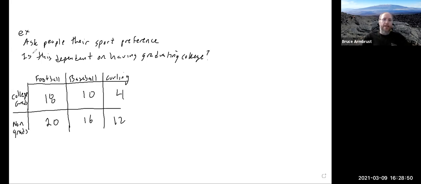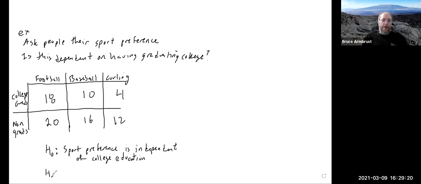All right, so let's see if these are independent. We're checking to see if this is dependent, so this is a test for dependence. The null hypothesis is that sport preference is independent of your college education.